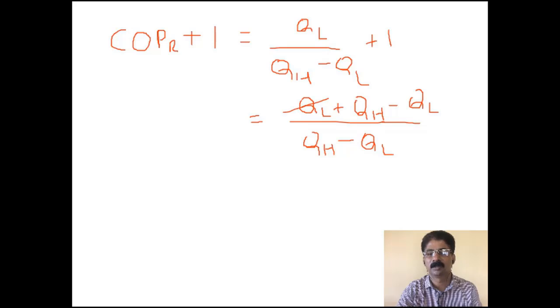Now QL, plus and minus QL, gets cancelled. So this becomes QH by QH minus QL, which is nothing but COP HP. So this is how you prove that COP R plus 1 is equal to COP HP.